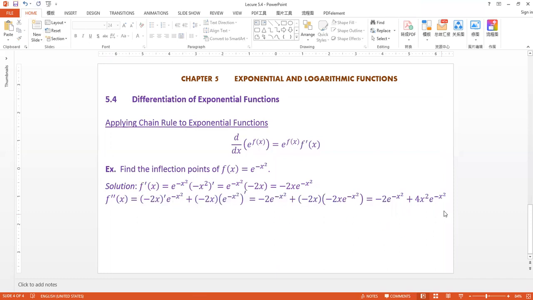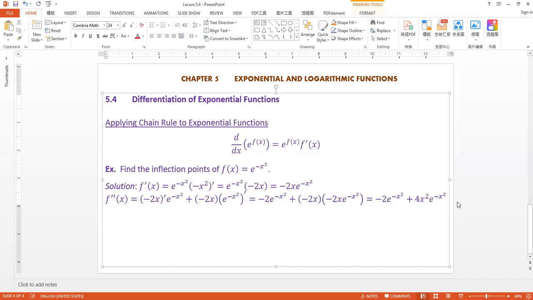In order to find inflection points, we need to set that equal to 0, or we need to find what value of x makes the second derivative not exist. And we know that you can plug in any number for x, and the second derivative makes sense.